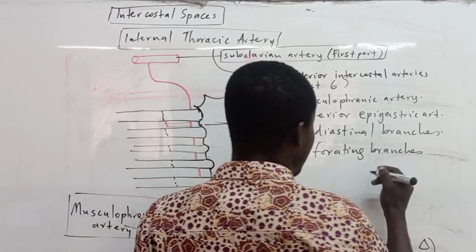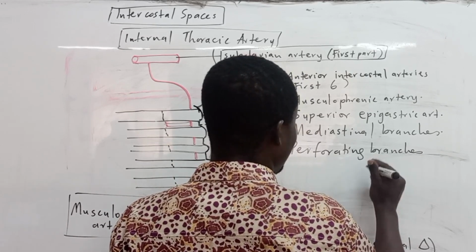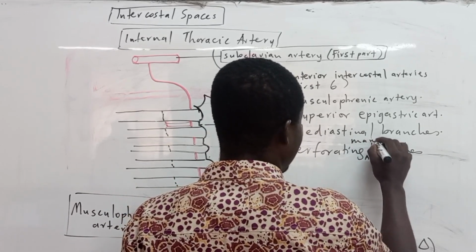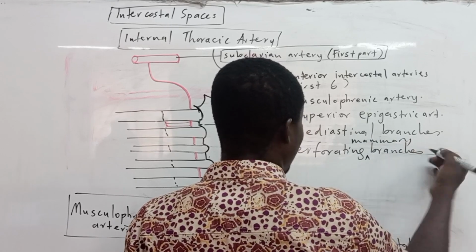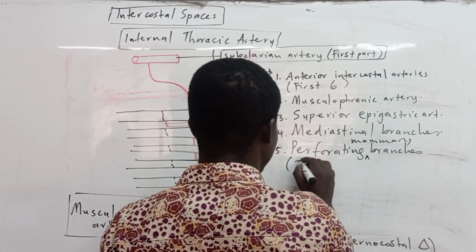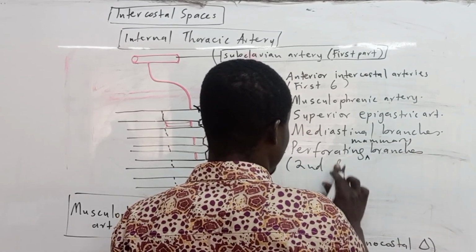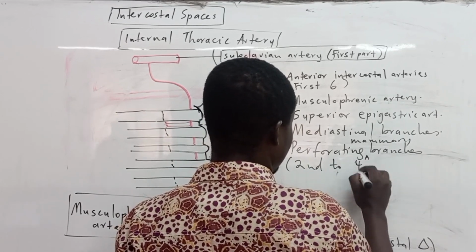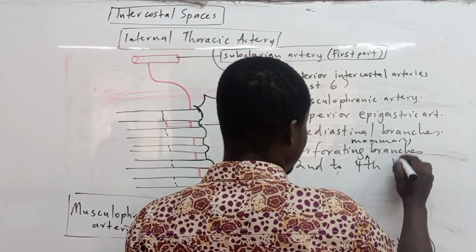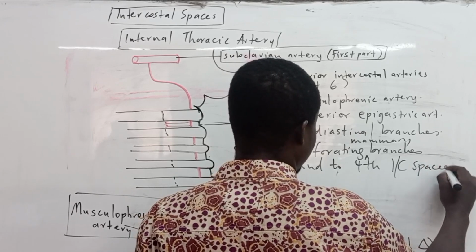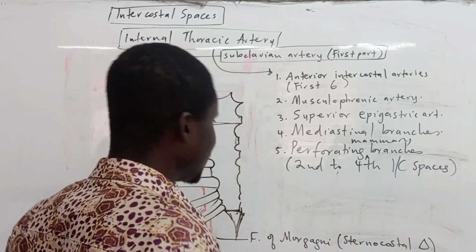Yes, precisely, we are talking about perforating mammary branches, actually within the second to fourth intercostal spaces. Okay, that is what we are going to see.